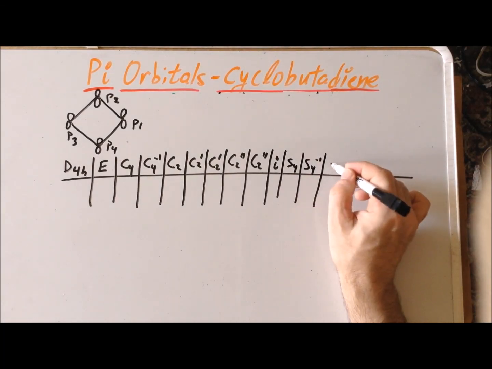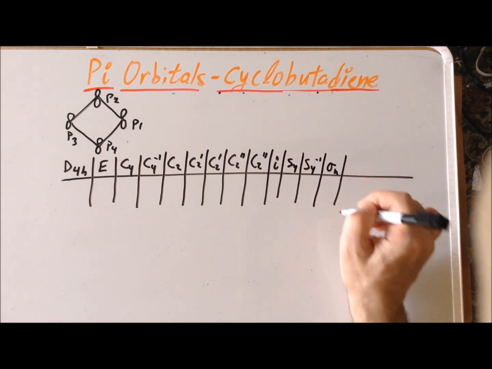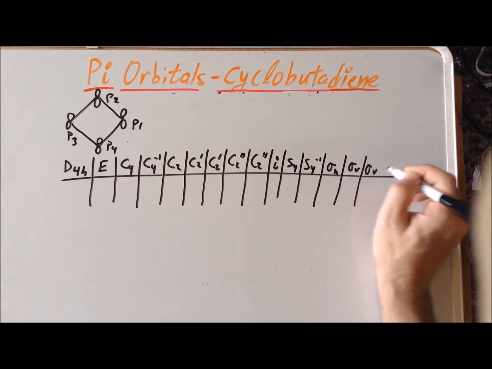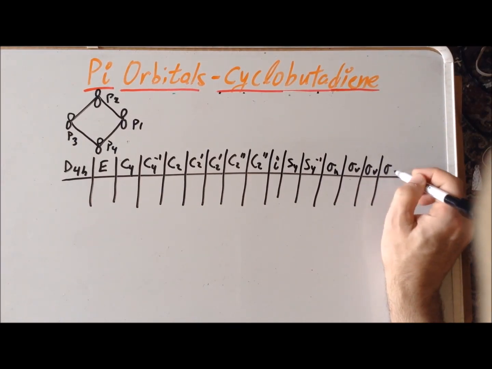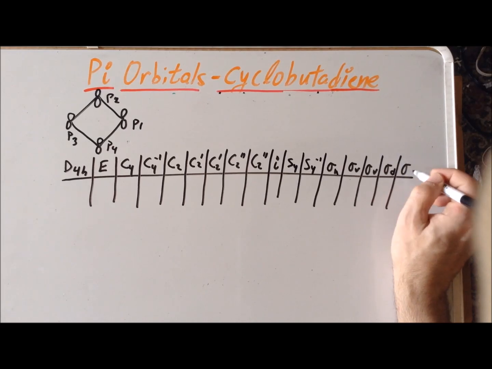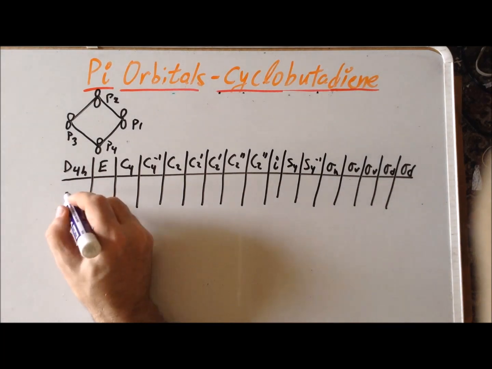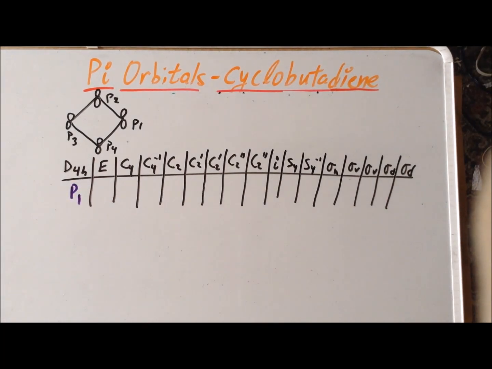We have sigma H. We have 2 sigma V's and 2 sigma D's. So we want to see what happens to our representative orbital P1 under each of these operations.